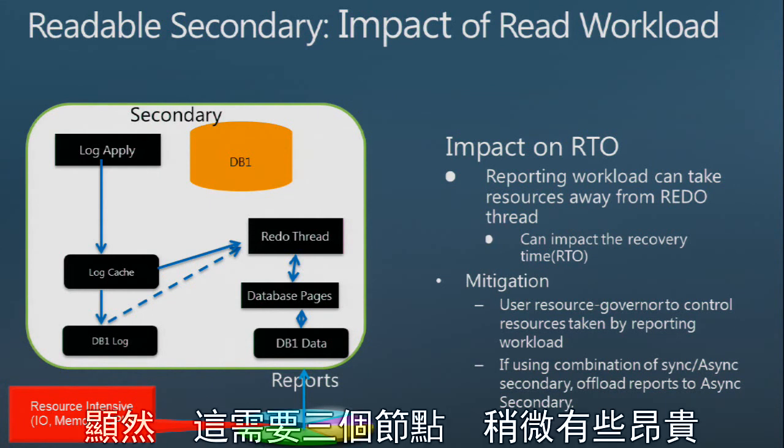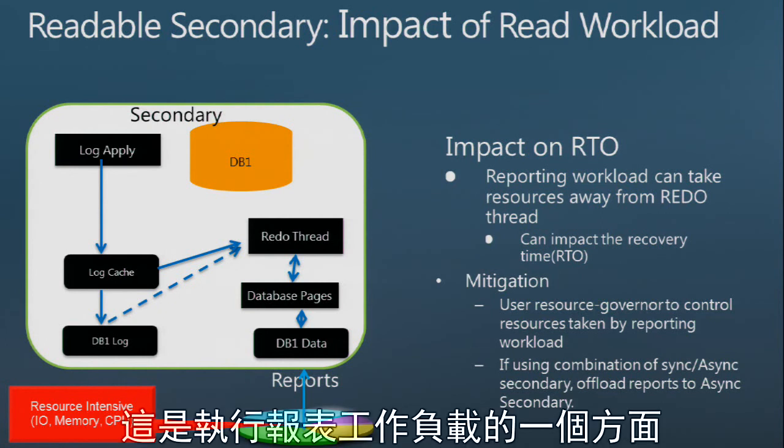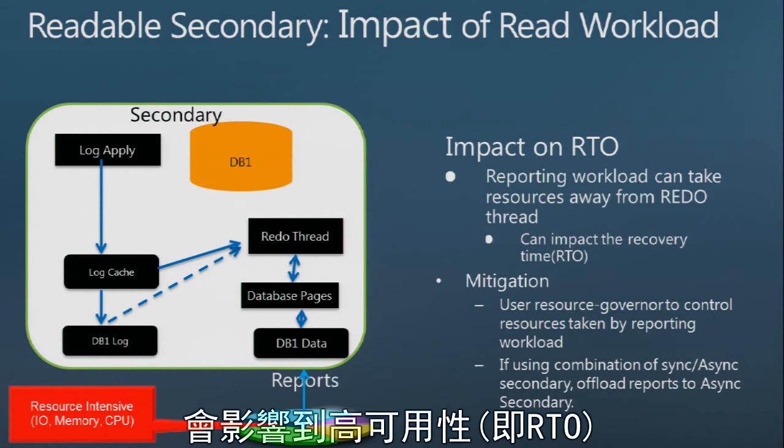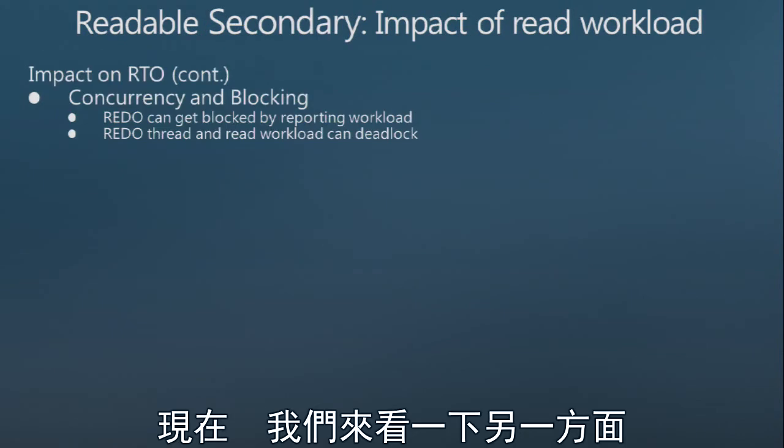Now, obviously, this needs 3 nodes, a bit more expensive. So those are the choices you have. So that is one aspect of running a reporting workload and the impact on high availability, namely in terms of RTO. Now let us look at a different aspect.